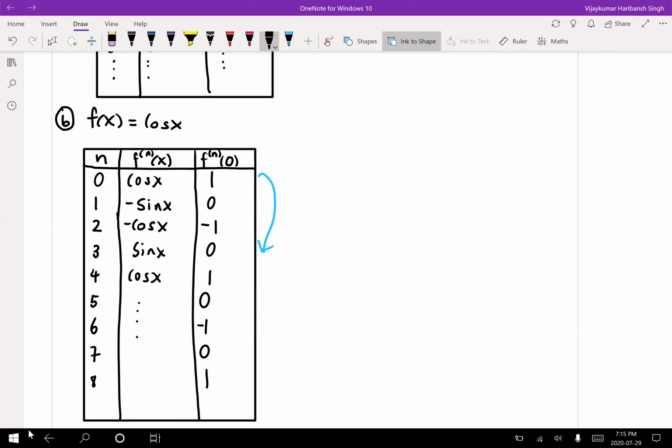So you can see that cosine x is going to be what?